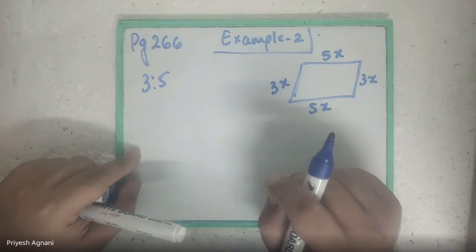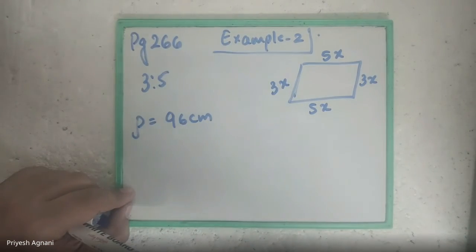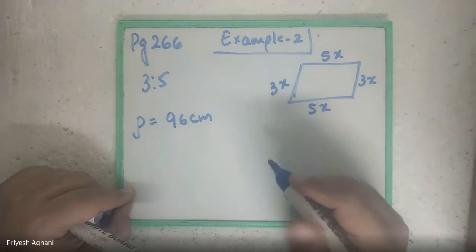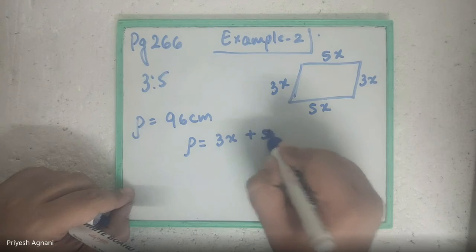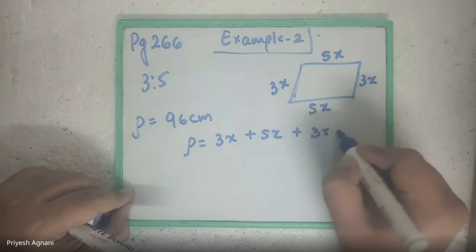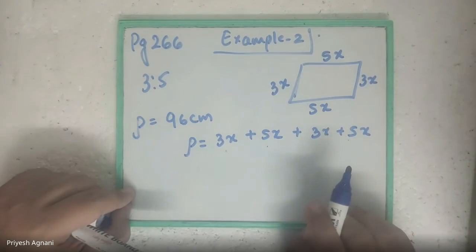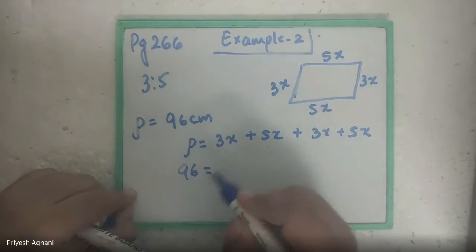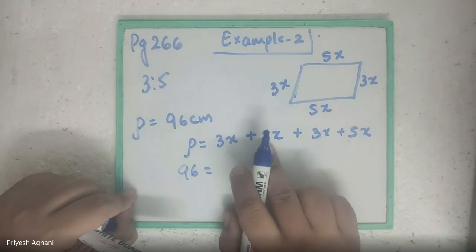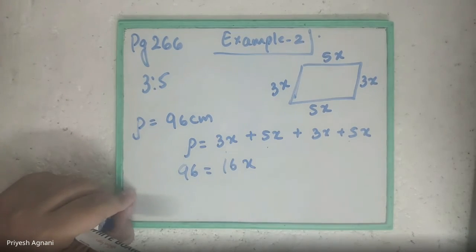इसमें बोला गया है एंड पेरीमीटर 96 सेंटीमीटर. पेरीमीटर का मतलब क्या होता है? You have to add all the sides. So perimeter is equal to 3x plus 5x plus 3x plus 5x. ओके, सो पेरीमीटर हमको दिया है 96 इज इक्वल टू 3 plus 5 8, 8 plus 3 11, 11 plus 5 16, 16x.